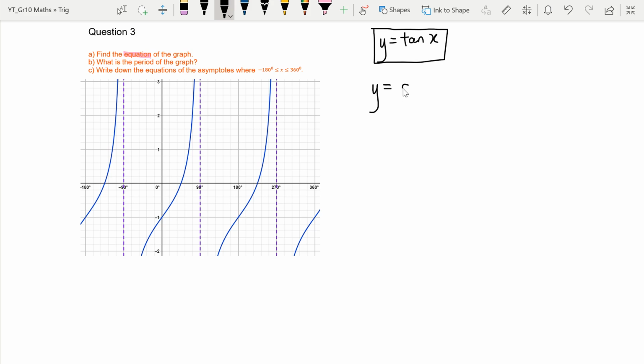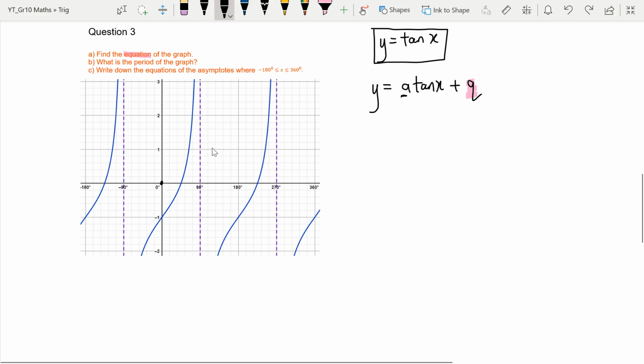So is there an a value that we need to consider? Was there a vertical stretch, in other words? And then did this graph move up or down? Well, if we consider great tens our q value, I would say yes, that it moved down, because we need to know our basic tan graph, y equals tan x, starts at 0 and then it starts by increasing.